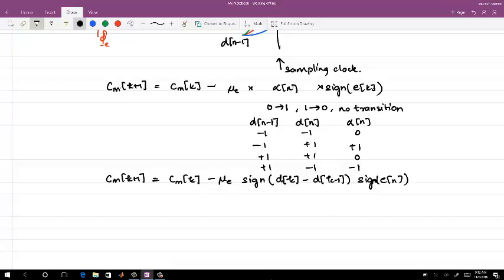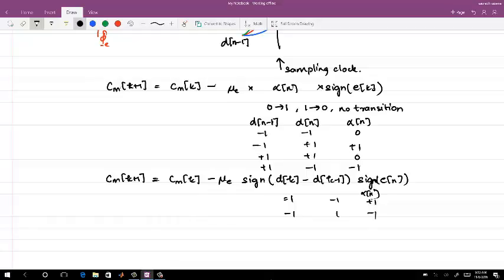Okay, 0 is taken, multiplied. You're not considering positive sign of 0 or negative sign of 0. And if d of k minus 1 is minus 1 and d of k is 1, you are having a 0 to 1 transition, then it will be plus 1. Whereas if this is minus 1 and this is 1, it will be minus 1. Alpha of n, I'm just replacing that. So this equation can be used to adapt your coefficients on the basis of the error which you detect at the edge.